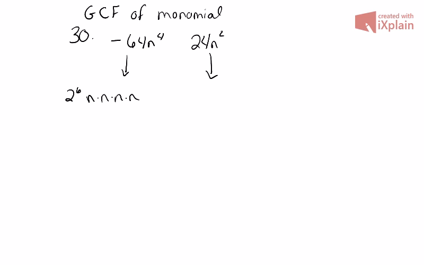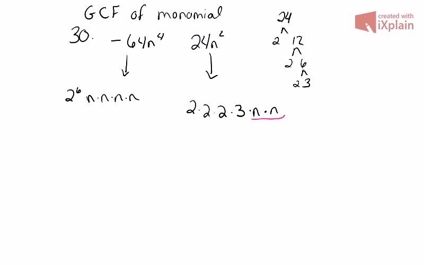And then 24 would factor into, if we need to do a tree over to the side, go ahead and do it. Well, it's 2 times 12, 2 times 6, and 2 times 3. So 24 would factor into 2 times 2 times 2 times 3, and then my n squared would factor into n times n. And let's see what we have in common here.